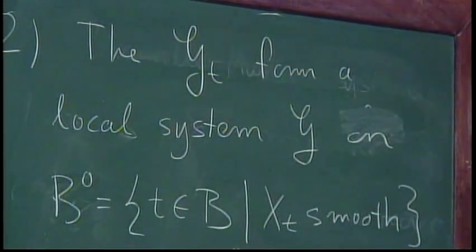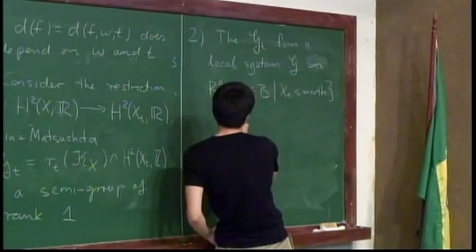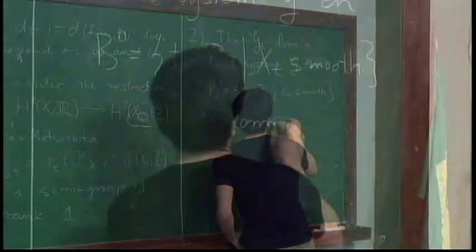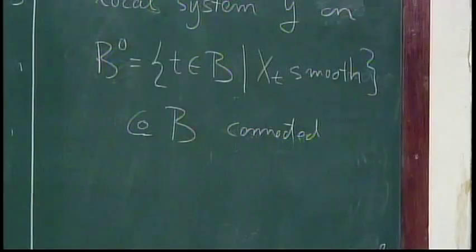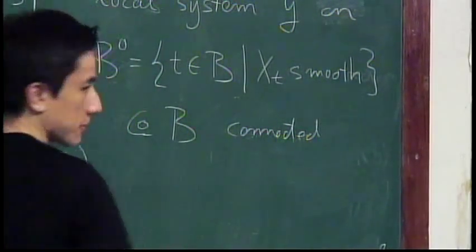And this subset is open in B and it is connected. That it is connected is important for the third step.